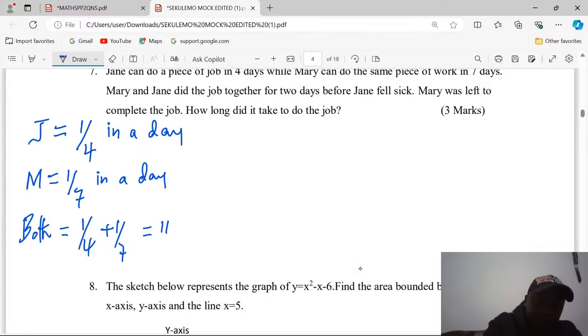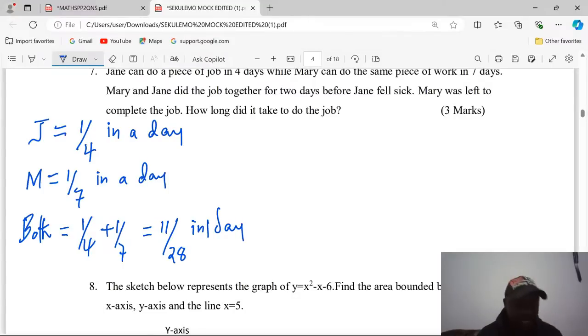So 11/28 is what they do in a day while combined. In one day, they work 11 out of 28 of the work.